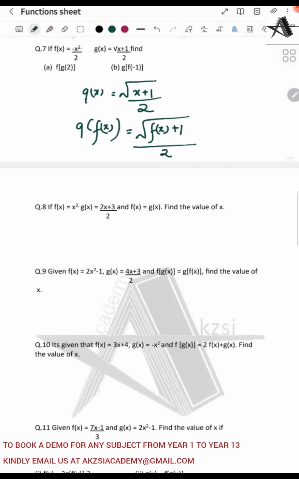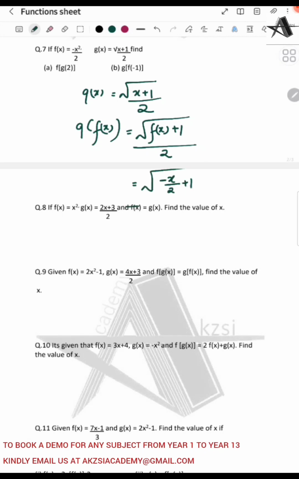Now, I need to replace the value of f(x), which is negative x squared over 2. That we have to do. So it will be root of negative x squared over 2 plus 1 over 2. Now, I'm not going to simplify this, because ultimately I have to find the value of g of f of negative 1. That means I need to put x equals negative 1 ultimately.